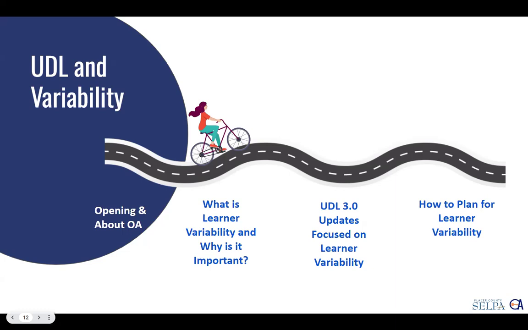But for starting out today, our learning path is going to start out with exploring what learner variability is and why it's important to consider within UDL. And then we're going to move on to address the UDL updates and the new considerations that focus on variability. And then finally, we're going to talk about how to plan for learner variability when you're thinking about your own setting.